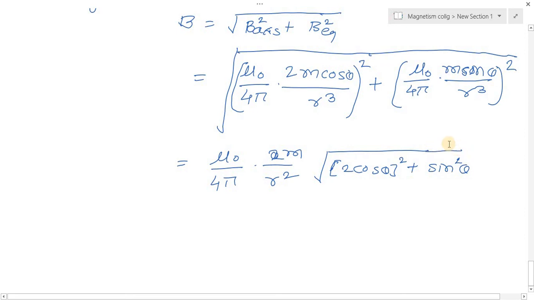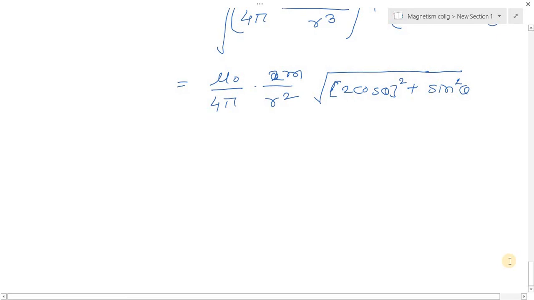Okay, now 2 cos square theta is there. So here B is equal to mu 0 upon 4 pi into m upon r cube.